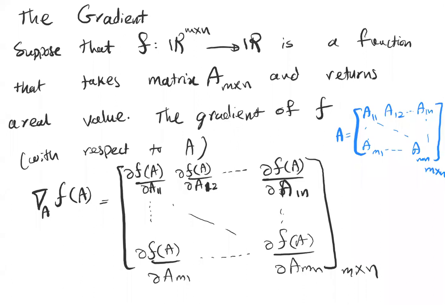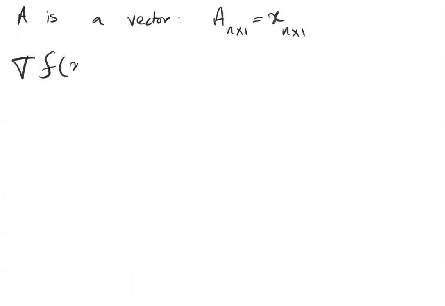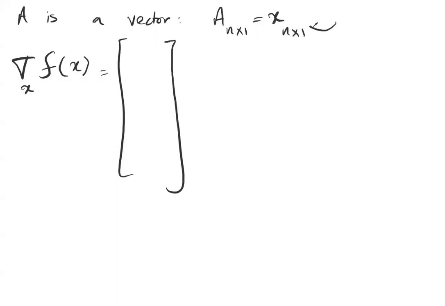A special case of this is the case where A is a vector. For example, A is n by 1, and we call it x, so it's a vector x n by 1. In that case, the gradient of f of x with respect to x is again going to be the same size as the variable.